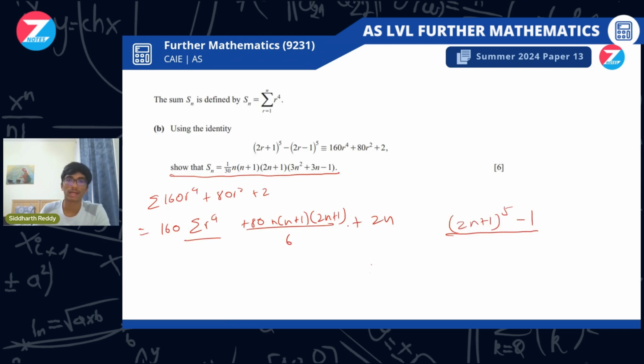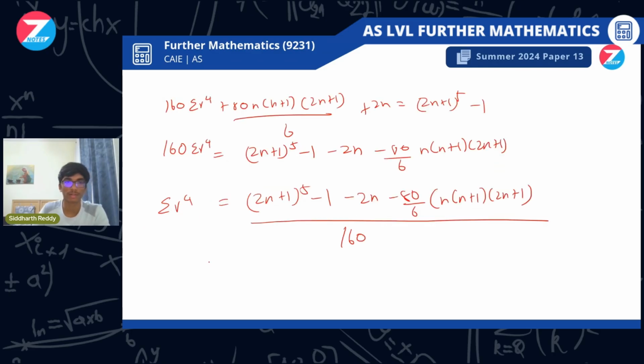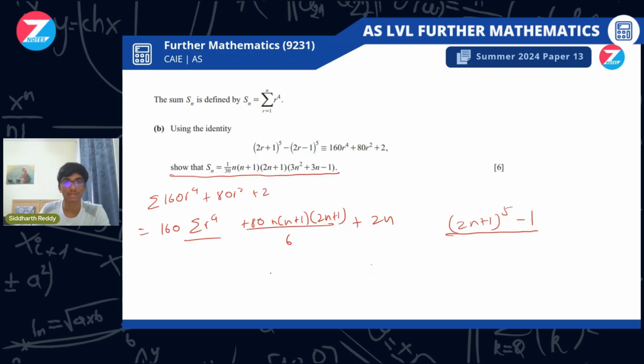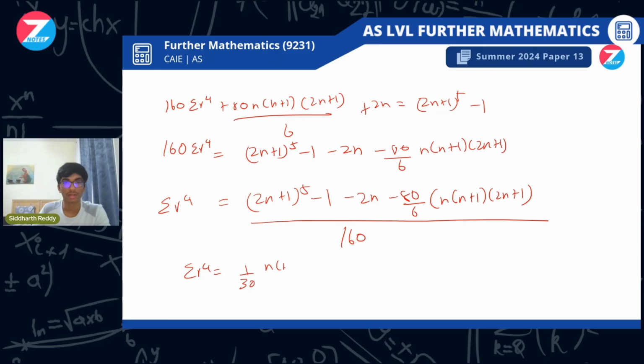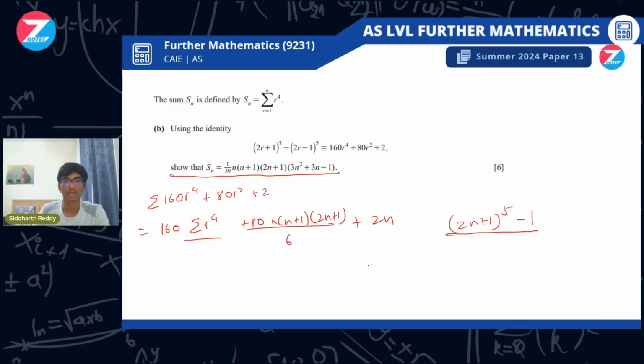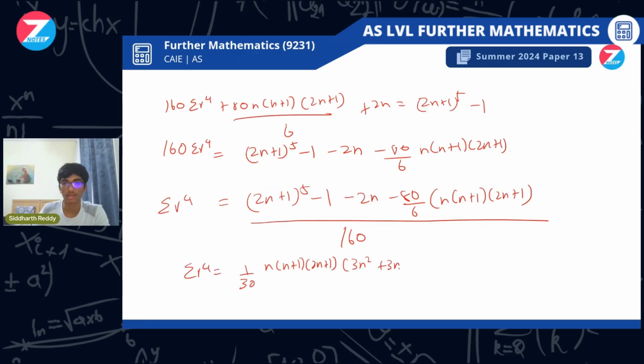And working backwards, you'll be able to find out that this sum of r to the power 4 is equal to 1/30 times n into n plus 1 into 2n plus 1 into 3n squared plus 3n minus 1. So you can just work backward and solve it out.